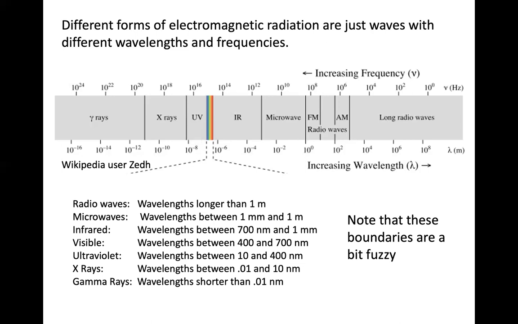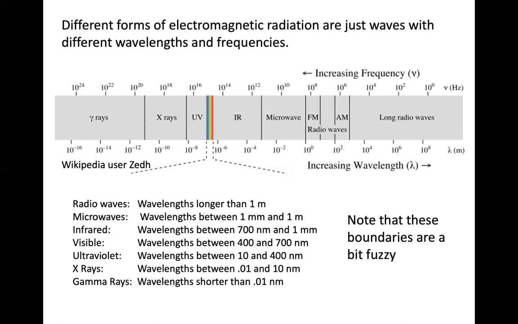And once we go beyond ultraviolet radiation, we enter the world of X-rays. And yes, this means doctor's X-rays. Those are a type of electromagnetic radiation that are even higher frequency and shorter wavelength. And as we go beyond that, we enter the realm of what are called gamma rays, which are the highest frequency, lowest wavelength things.